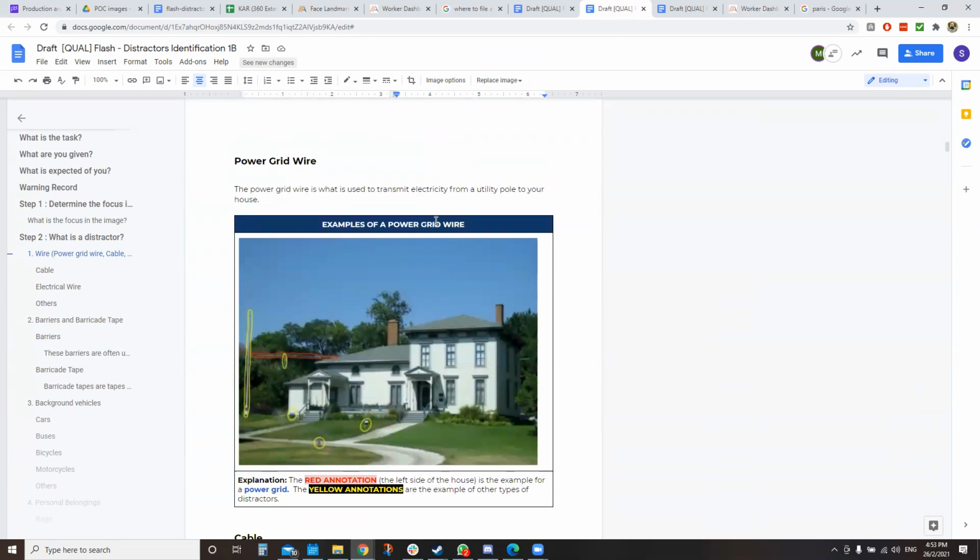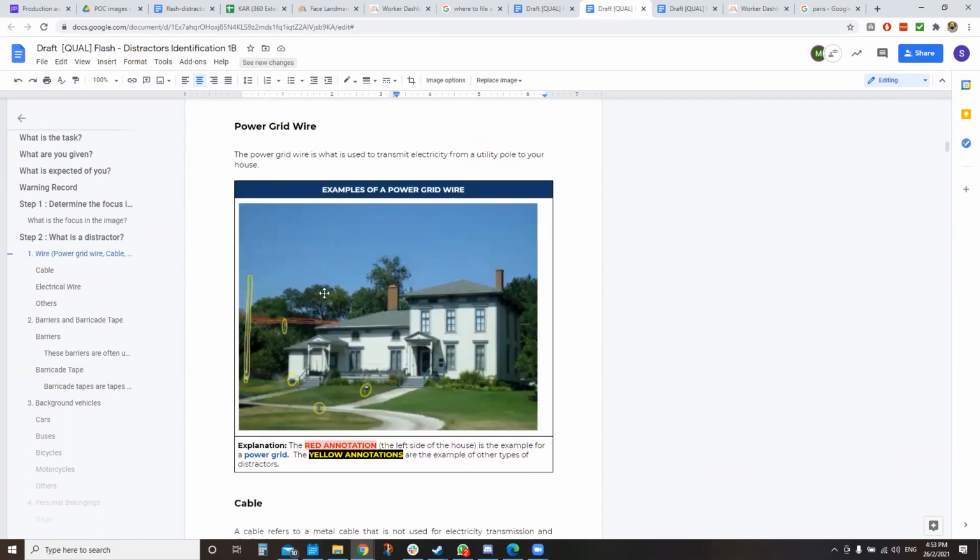So here are examples, let's look at them. Yellow annotation means they are distractors, but they are other types of distractors, meaning other categories. Red annotation, guys, this annotation is not correct, because if we were to write instructions properly and annotate all the pictures, it would take very long.